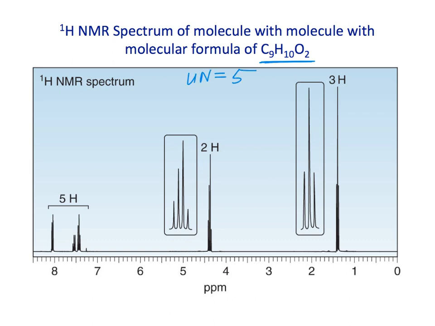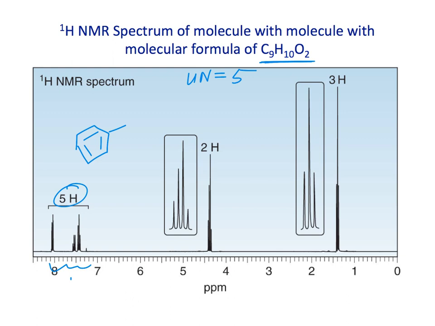All right, so what can we pick out of this on this spectrum? Again, we have these signals down here in the benzene region. There's 5 protons, right? So again, we have this mono-substituted benzene ring.